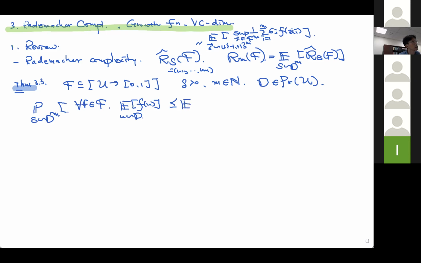That is what's written on the right. It's a sample from the empirical distribution, which is a uniform distribution over S, and we compute the expectation with respect to this. Because S is finite, this is just an average of f applied to every element in S, where S is U1 up to UM.